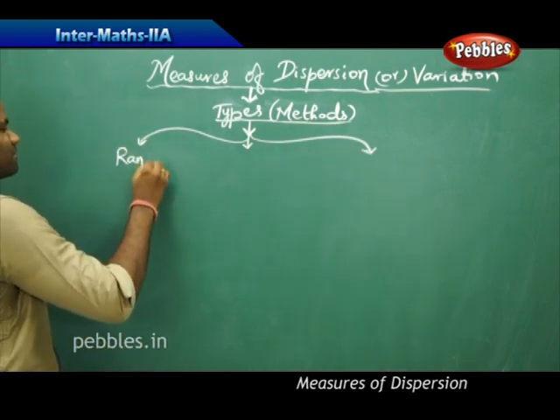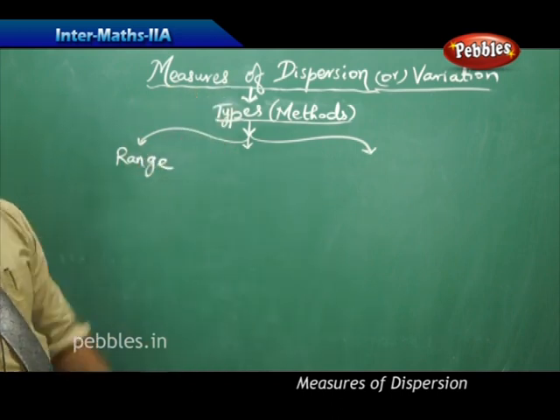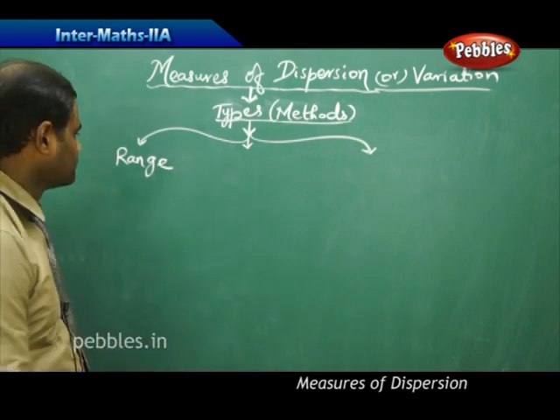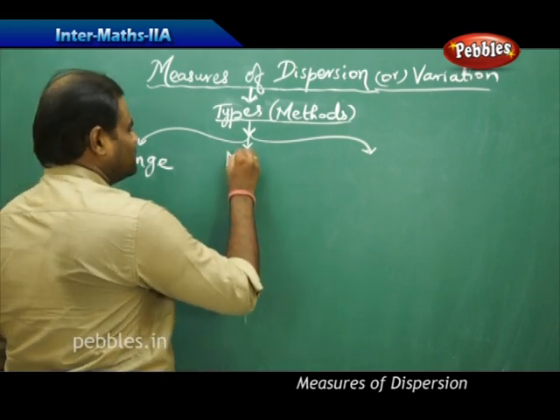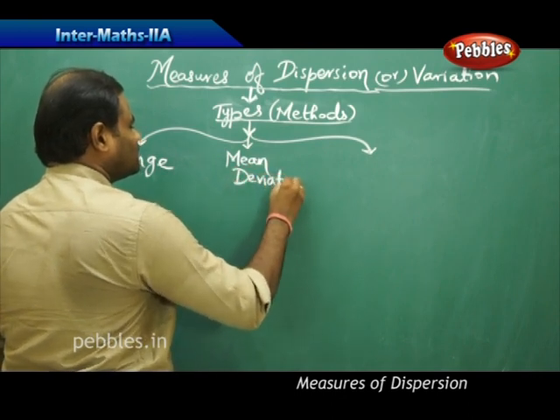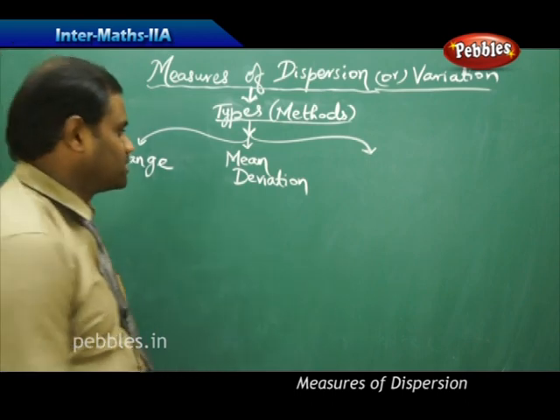One is the range, which is one of the methods through which we can find the measure of dispersion of the given entire data. Then the next is the mean deviation, which also helps in finding the measure of dispersion or variation of entire data.